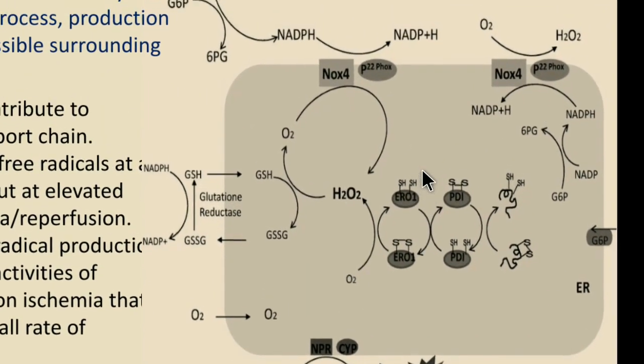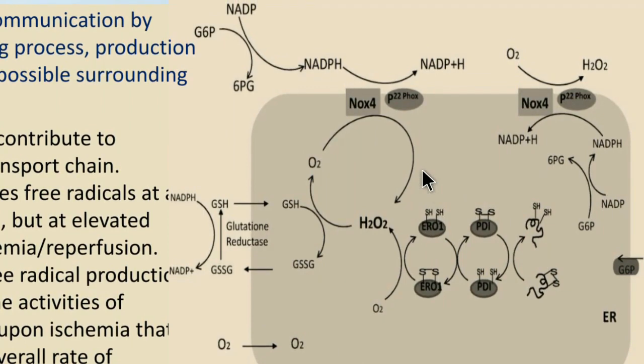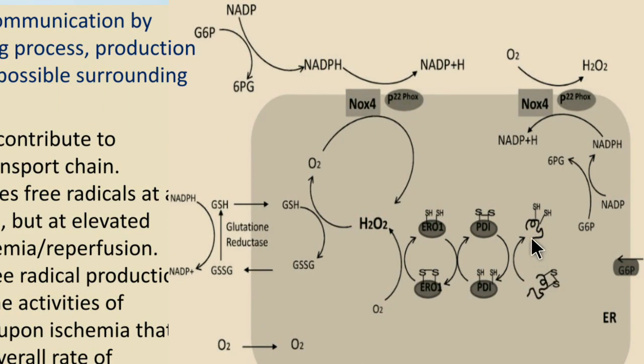Now here there is a long process of protein folding, during which there will be the formation of hydrogen peroxide and superoxide, which will be handled by glutathione reductase. It is an enzyme which neutralizes certain free radicals.